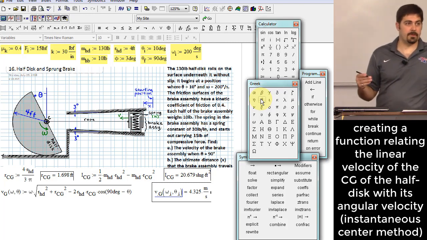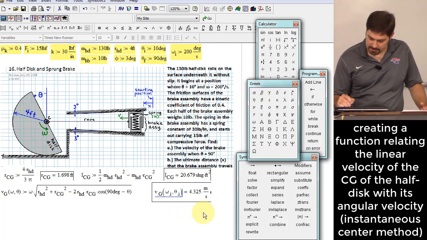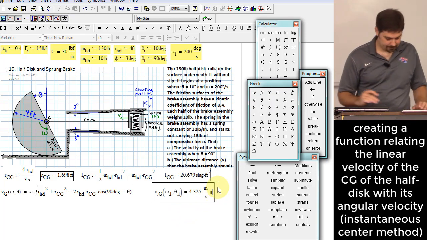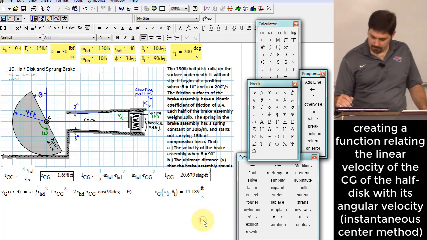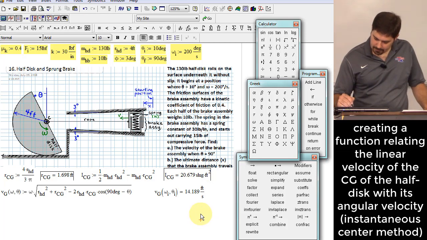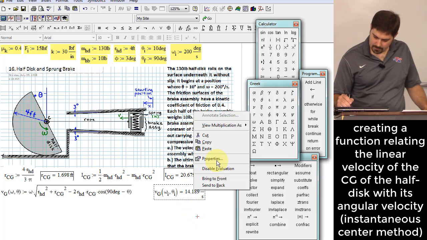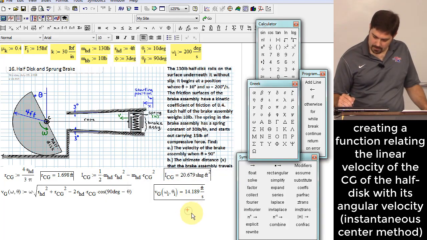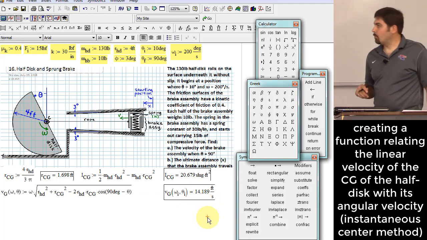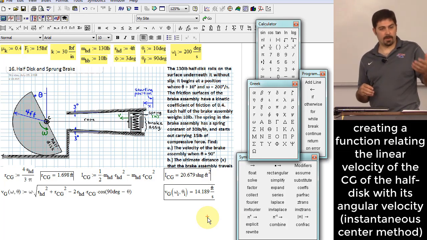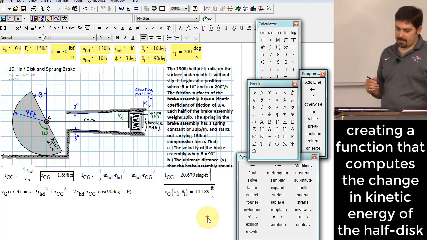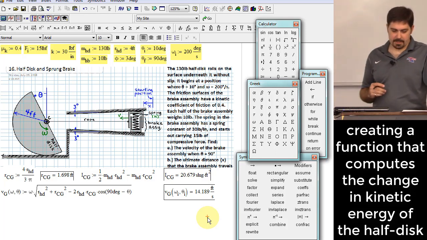This is the velocity associated with the center of gravity of this body. That's kind of interesting. But what's powerful here is that this is now a function that I can just call, and relative to omega and theta, it gives me what this velocity of the CG is.